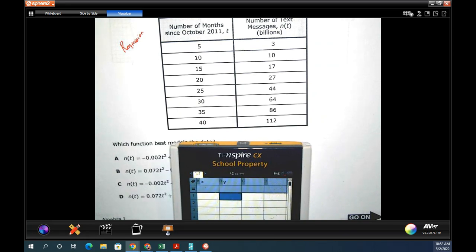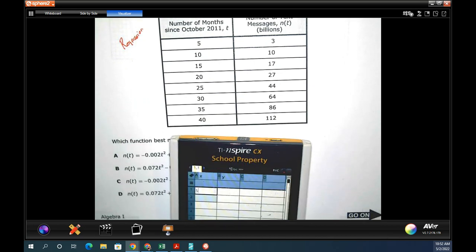Nothing's changed. So our x values are in multiples of 5. 5, enter, 10, enter, 15, enter, 20, 25, 30, 35, enter, 40.